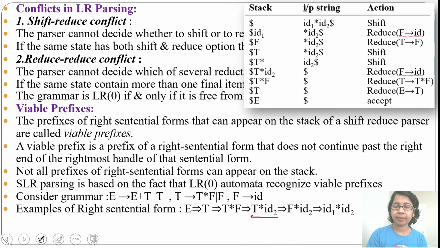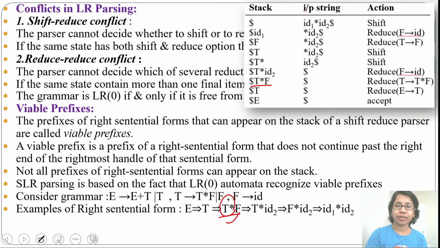Next, T multiplication ID2. T multiplication ID2 is in the stack, so that can be a viable prefix. Even T multiplication is on the stack, so that can be a viable prefix. Even T can be a viable prefix. So all prefixes of T multiplication ID2 are viable prefixes. Next, T multiplication F appears on the stack, so that is a viable prefix.